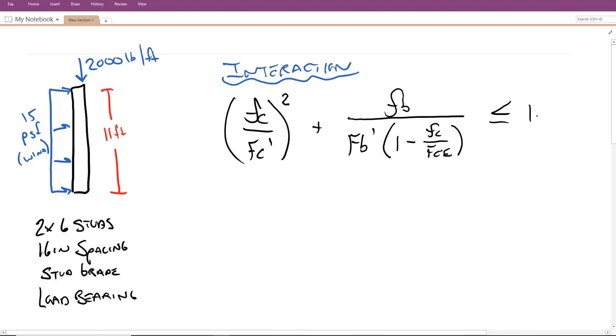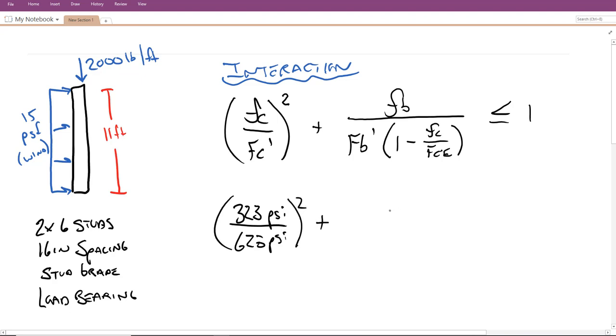It's pretty easy at this point in time. I like to write things out and keep track of it separately, but we just start plugging our values in that we've already solved. 323 psi divided by 623 psi, and of course we square that.